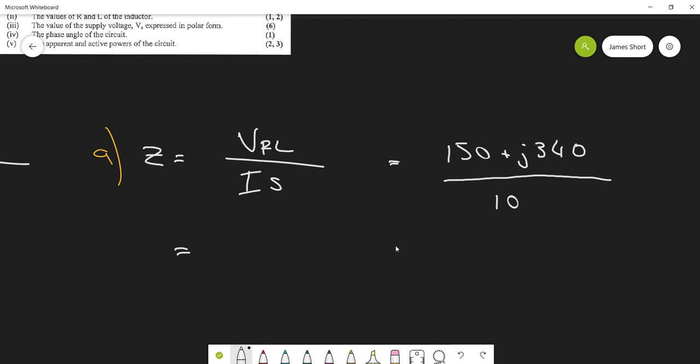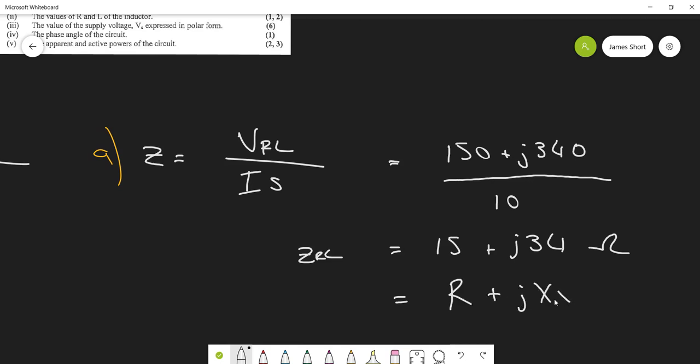Dividing a complex number by an ordinary number is fairly straightforward. We just do it individually. 150 divided by 10, that's 15. And J340 divided by 10, that's just J34. And that's in ohms. So we know from the formula for the impedance, ZRL, sorry, that is the same as R plus JXL.